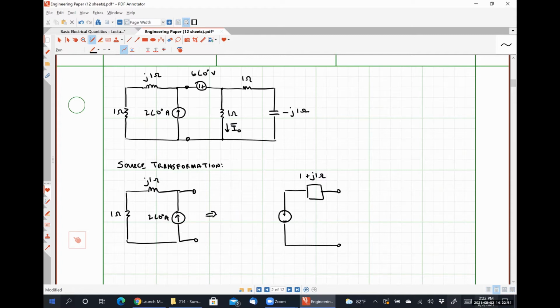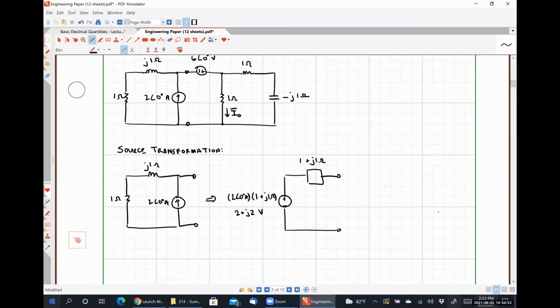So I will literally just have 2 angle 0 amps times 1 plus J1 ohms, which would equivalently be 2 plus J2 volts. So these represent the exact same thing.